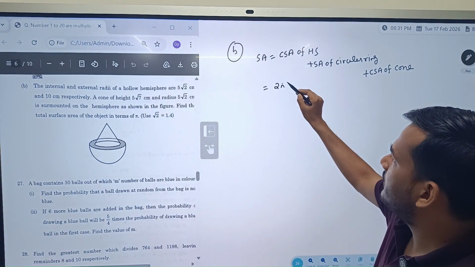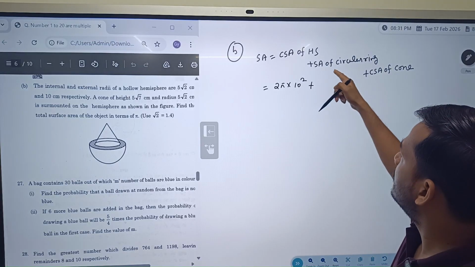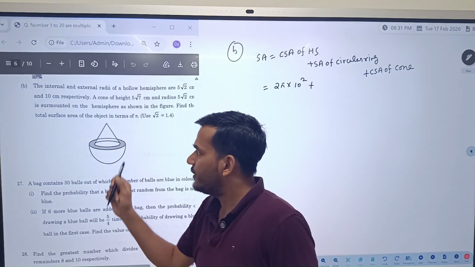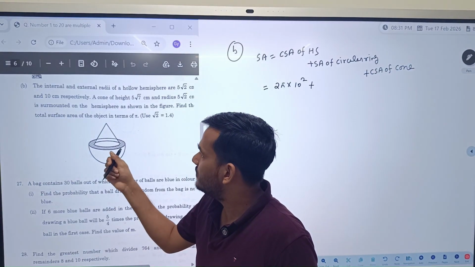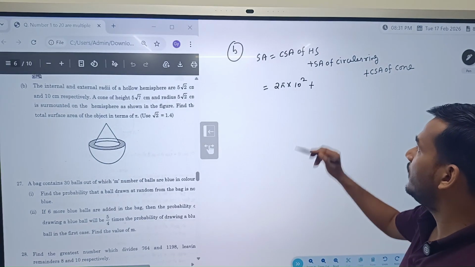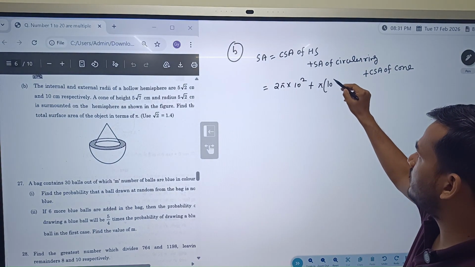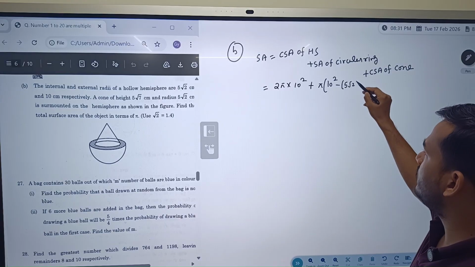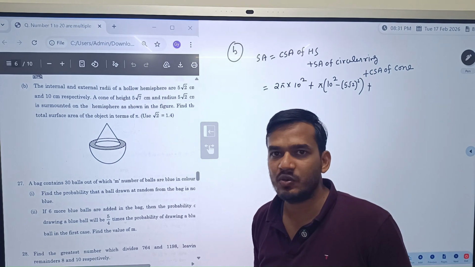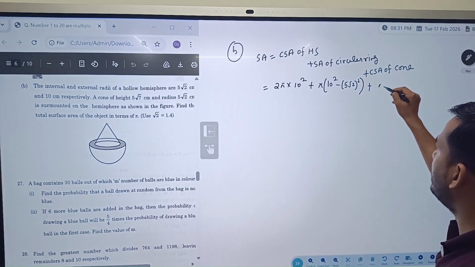So 2 pi into 10 square. The surface area of the circular ring: this circular ring has outer radius 10 and inner radius 5 root 2. So pi into (10 square minus 5 root 2 whole square), plus the curved surface area of the cone, which is equal to pi r l. So pi r l.